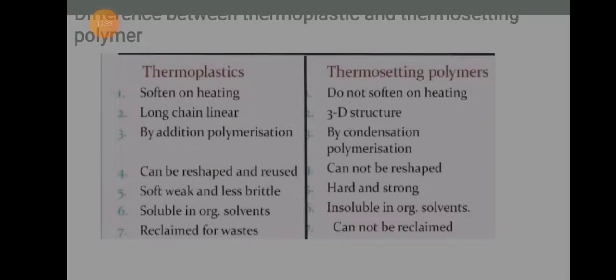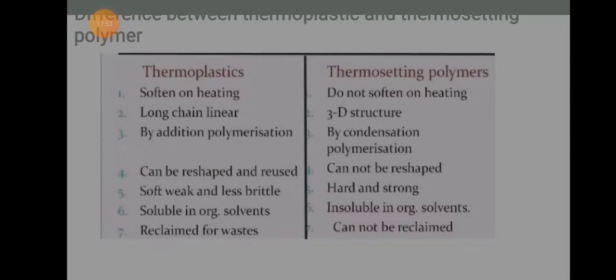The fourth point is that thermoplastics can be reshaped and reused, but thermosetting polymers cannot be reshaped. The fifth point is that thermoplastics are soft, weak and less brittle, but thermosetting polymers are very hard and strong.